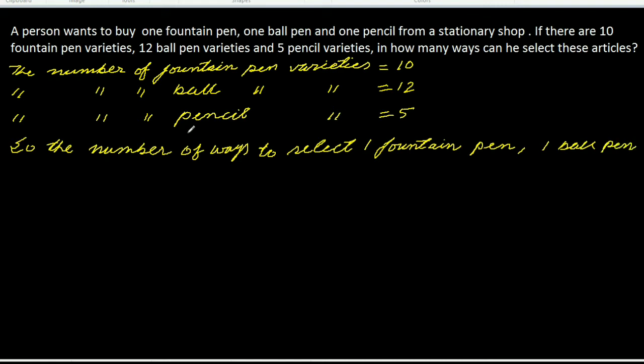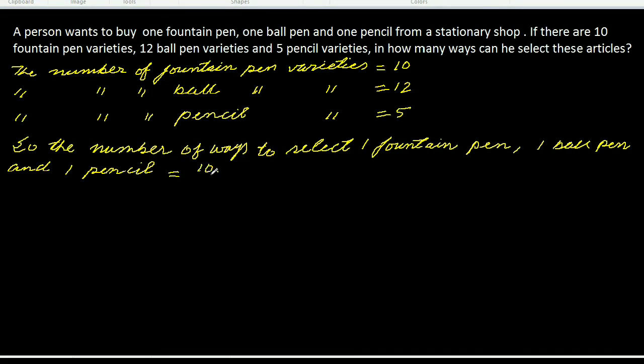So the number of ways to select one fountain pen, one ball pen, and one pencil is equal to 10C1 into 12C1 into 5C1. 10C1 is equal to 10, 12C1 is 12, and 5C1 is 5, so 10 into 12 into 5 is equal to 600.